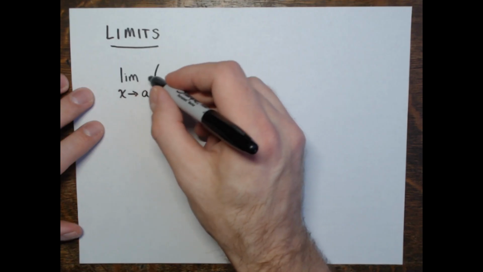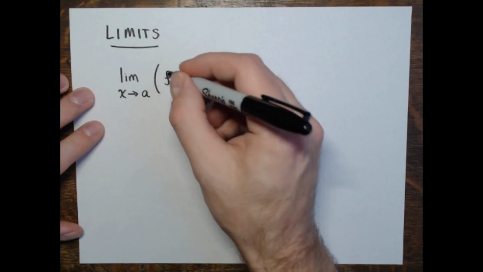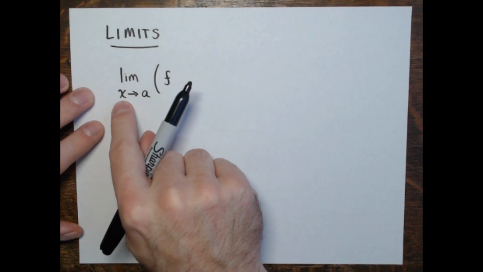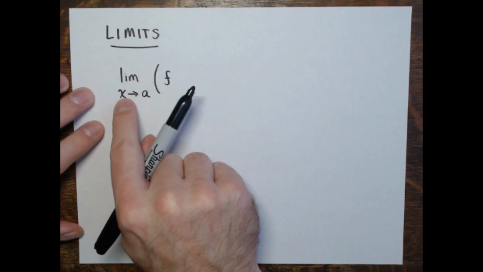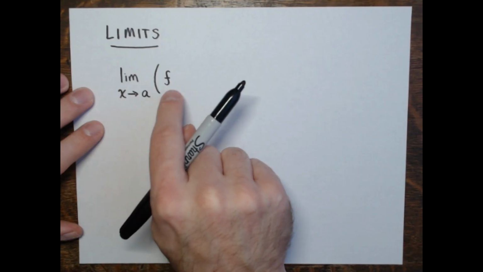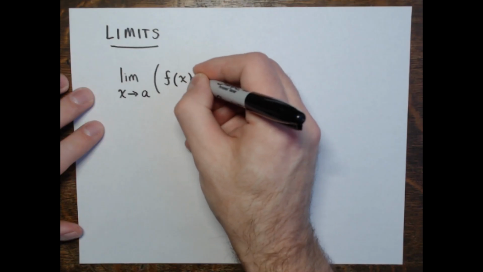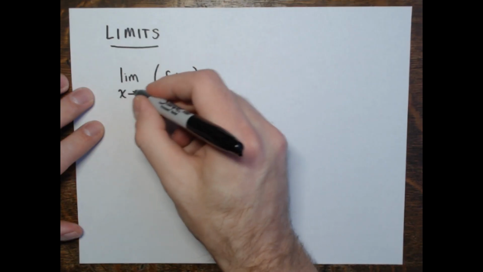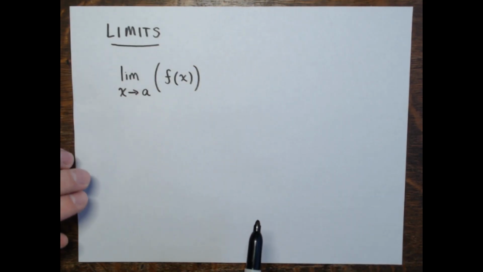And then after this limit notation is some expression that depends on this variable. So if I have x approaching a in this line here, the function, the expression I'm looking at, will be an expression depending on that x, that has x involved.